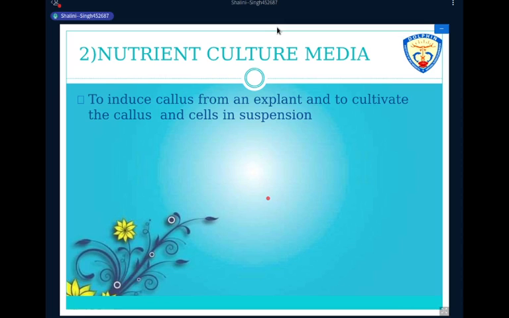The disinfecting agent may be of your choice. You can use ethanol, sodium hypochlorite, calcium hypochlorite, or mercuric chloride also.